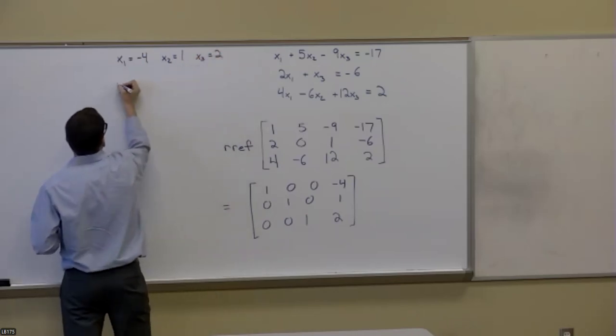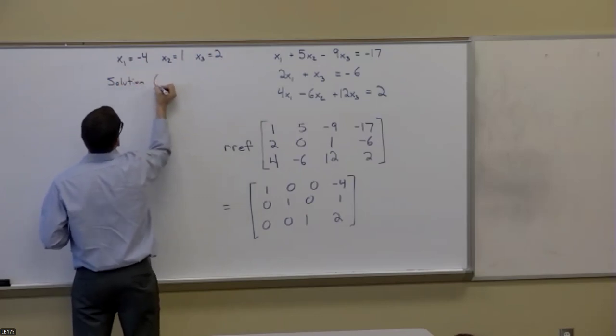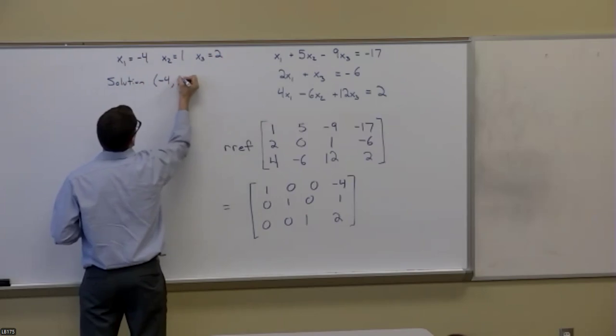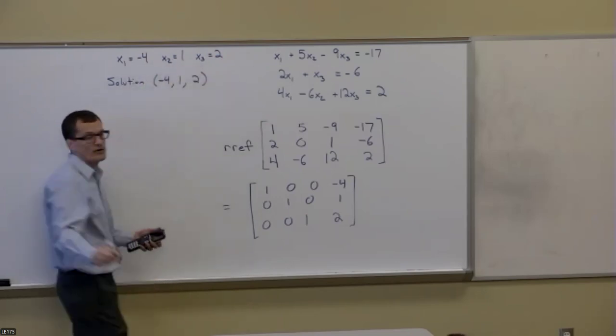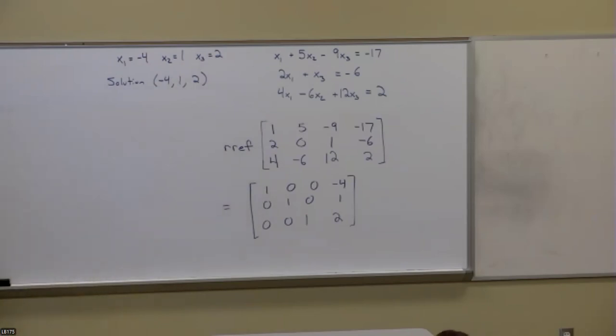Or if I put my solution as an ordered triple, again, we do it in subscript order. So it'd be -4, 1, 2. That's it.